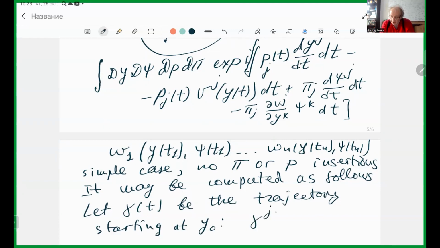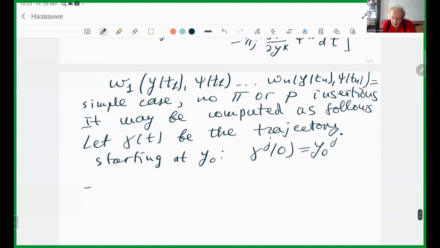Gamma j of 0 is y0^j. Then this integral is, of course, a finite dimensional integral over y0, and I integrate over y.